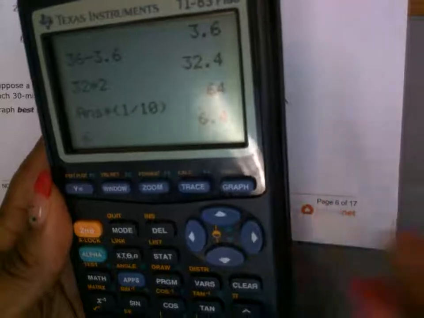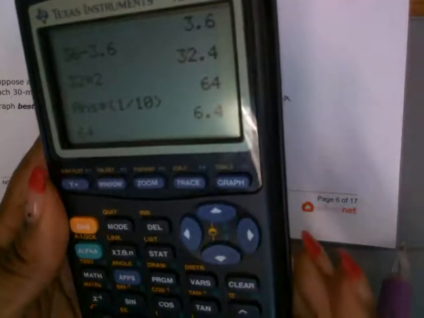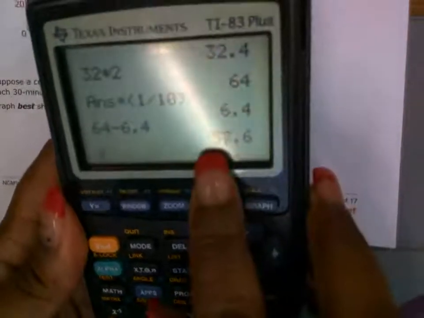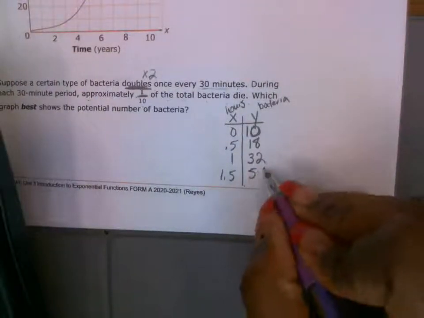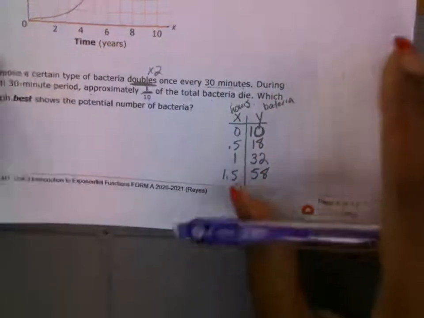So I have 60 because that's how many bacteria is going to die. 64 minus 6.4. So that gives me 57.6. So it's about 58. Okay. All right. So now let's look to see which table is the closest to what we've got there.